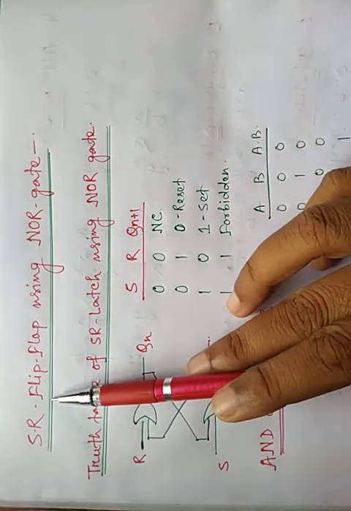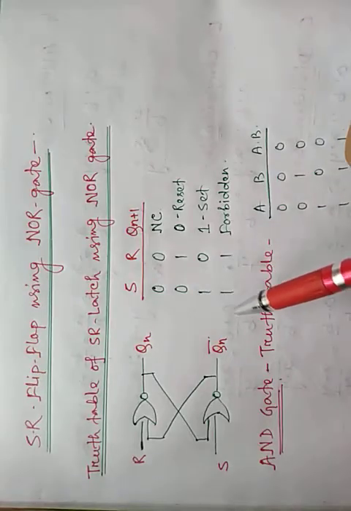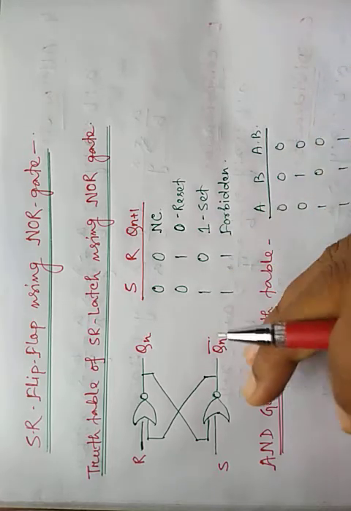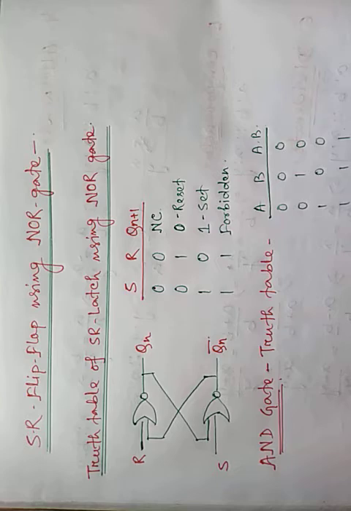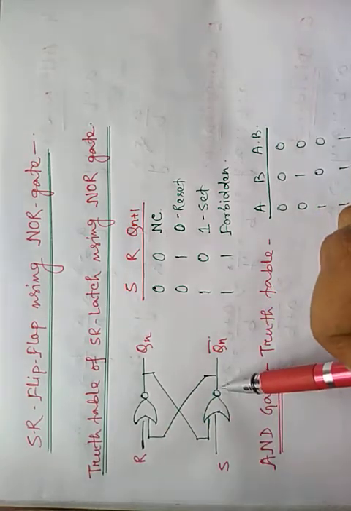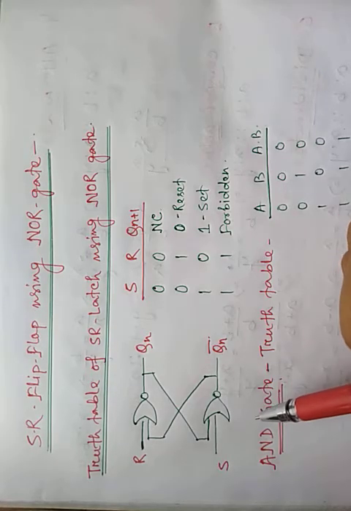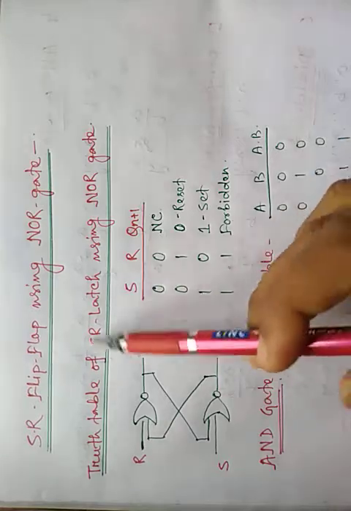So in SR flip-flop using NOR gate, we know that the difference between latch and flip-flop is that a flip-flop is the extended version of a latch with the inclusion of a clock pulse. That means with the circuit diagram of the latch, we have to add one extra circuit to introduce the clock pulse, then that circuit becomes a flip-flop.